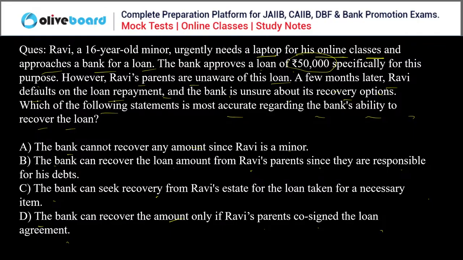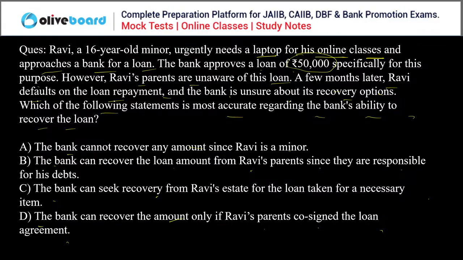Okay, so see, Ravi is a minor. True. And remember, Section 68 of the Indian Contract Act says that if the loan is received for the necessities of the minor, then the minor's estate is liable for the recovery of that loan, only and only if the loan is received for the necessities of the minor.